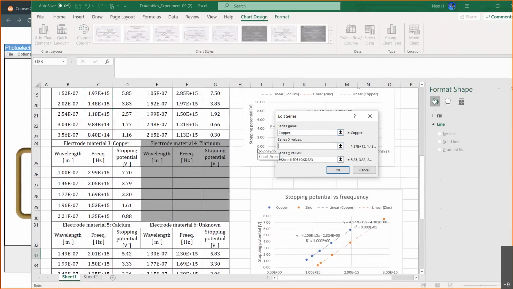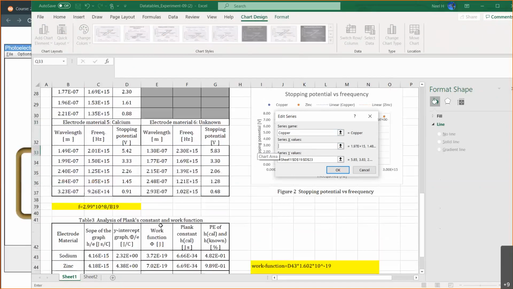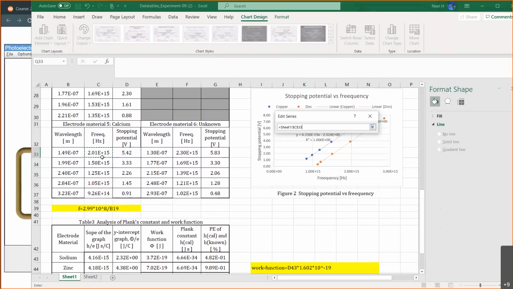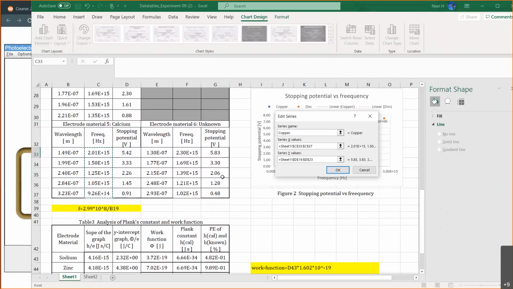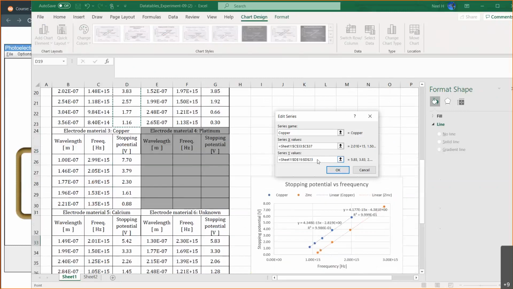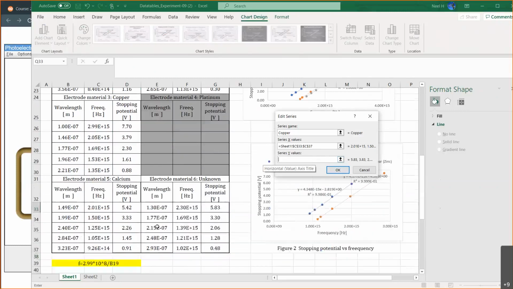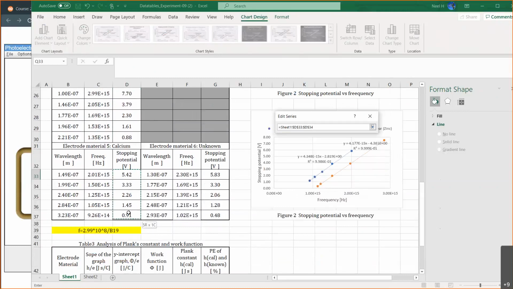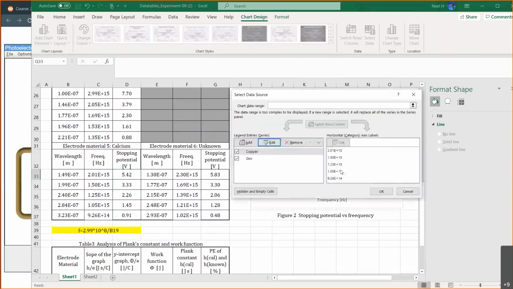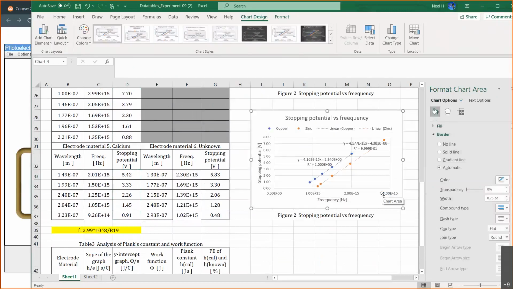X values, delete anything there, and the X values for the copper should be frequency C33 to 37, and then Y values D33 to 37. Click OK, click OK again.